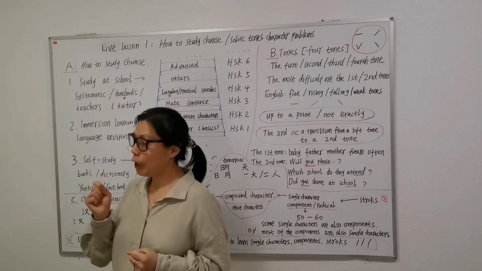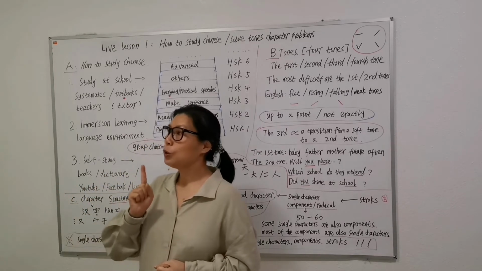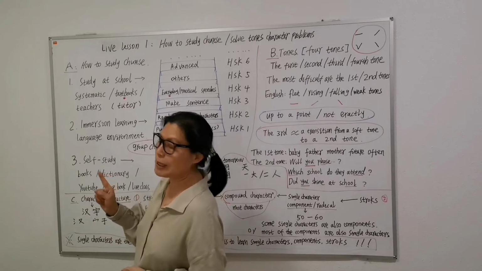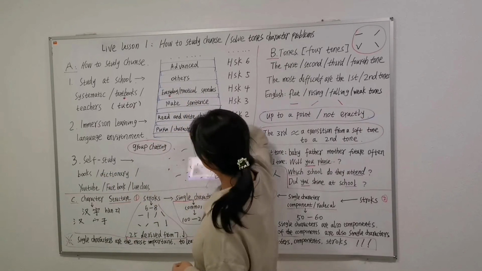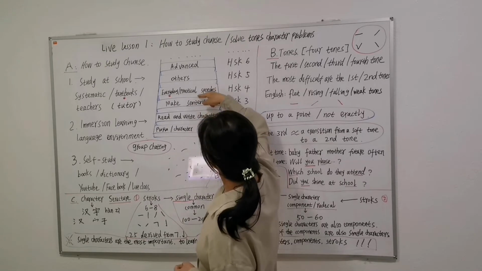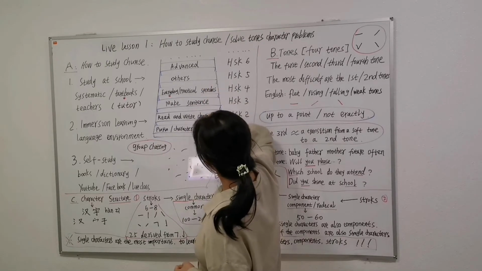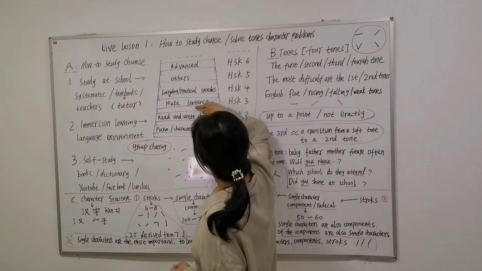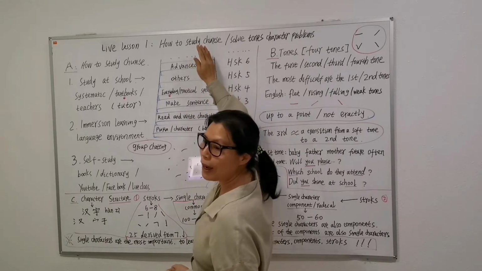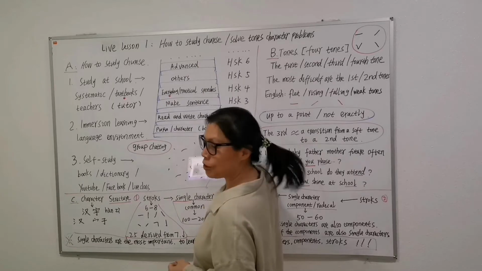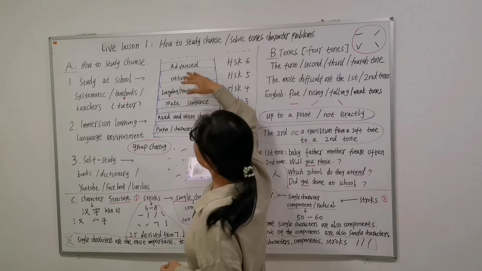How? First, you should know what the system is. Look at this drawing, step by step, from bottom to the upper side, from basic Chinese to advanced.